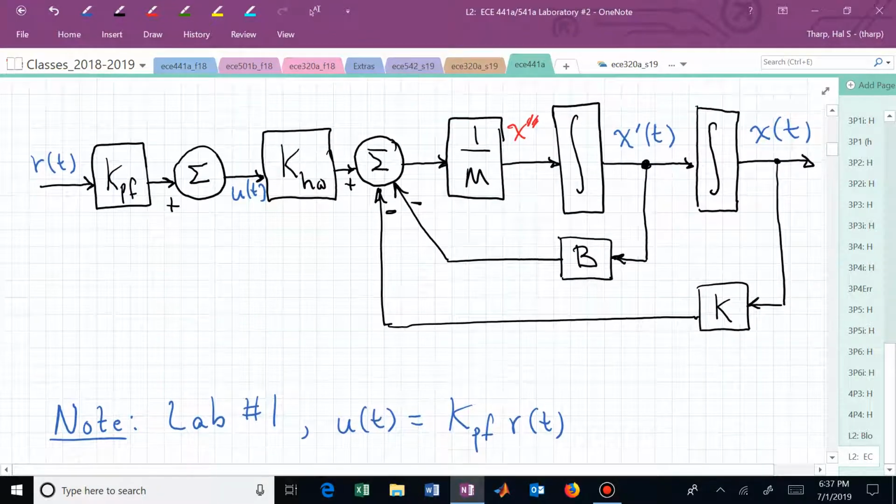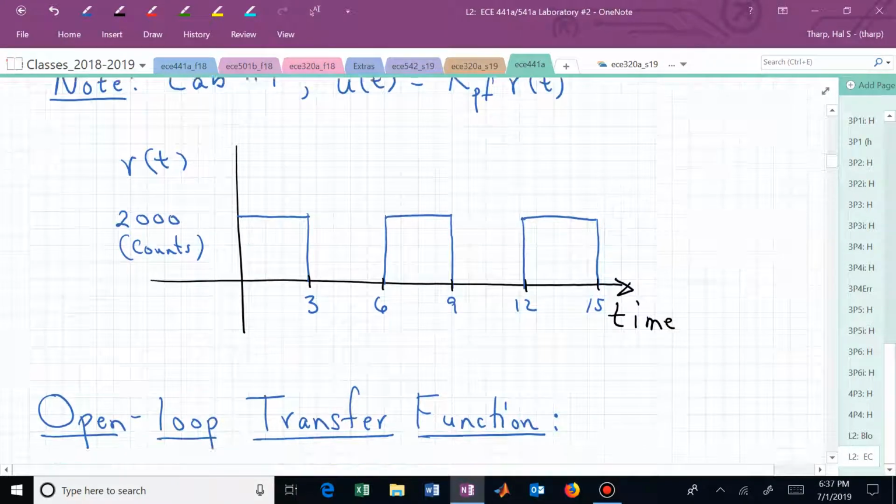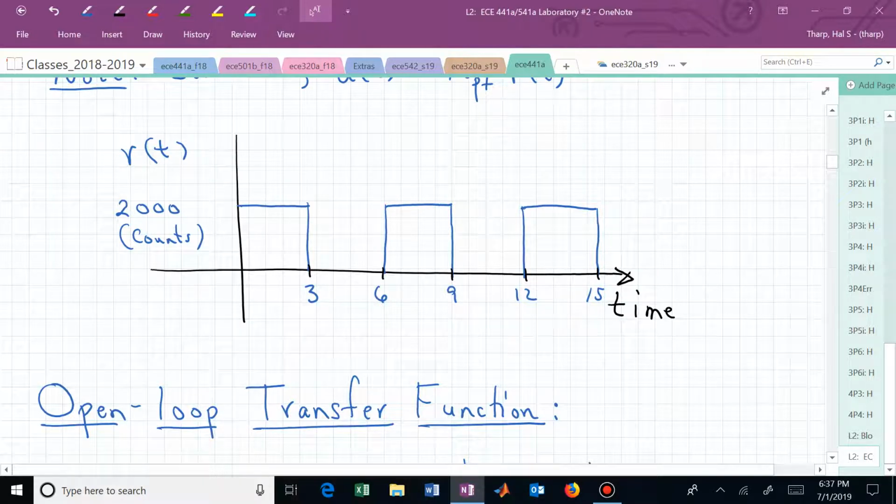Then we hit it again with the same amplitude of 2,000 and rest for 3 seconds, and again hit it again, just to see if we could duplicate that behavior.